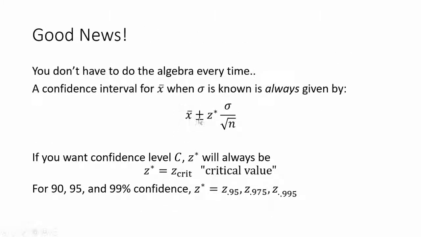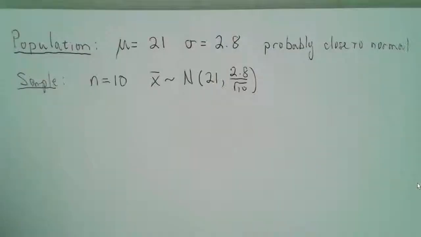We're always going to come up with a formula that looks like this: the mean from the sample plus or minus some special z value, usually called the critical value for z, multiplied by the standard deviation of the population divided by the square root of the sample size. We'll get those numbers in just a minute, so let's jump into this calculation.